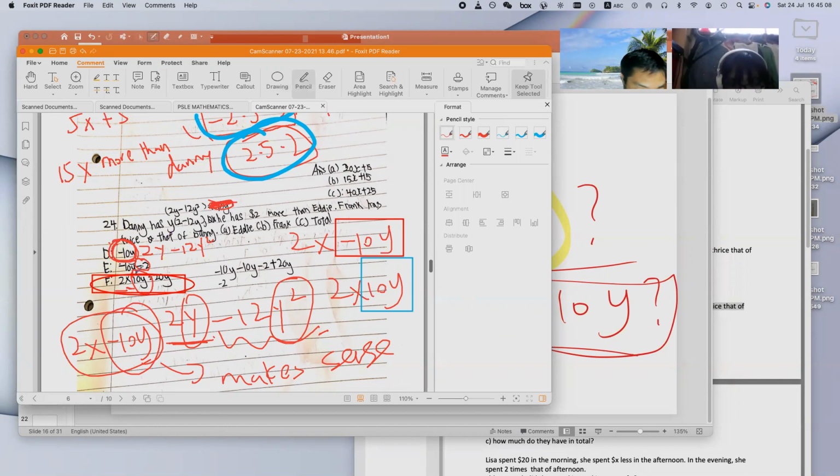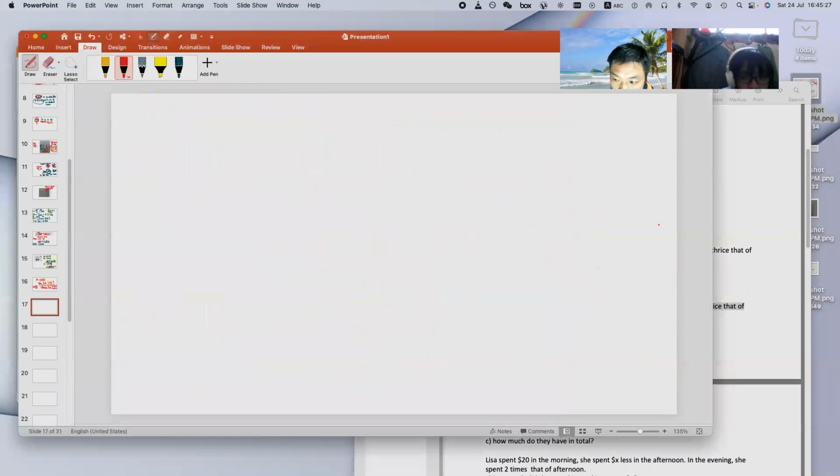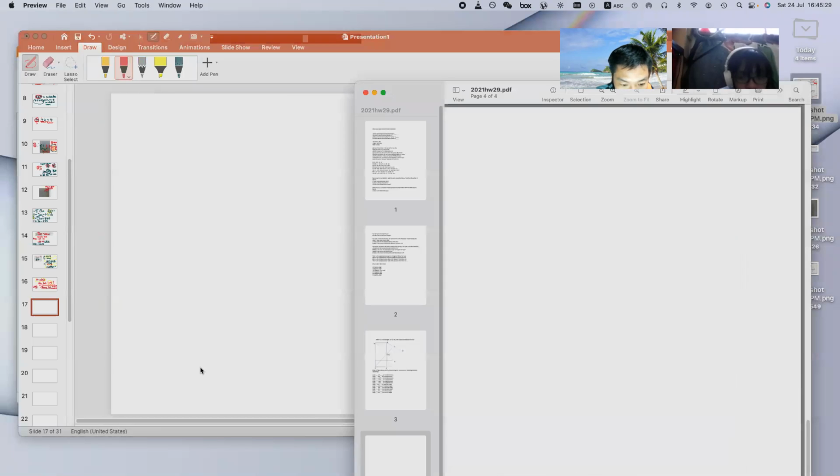But you go and write 10y. No one has 10y in this case. That's why you're totally wrong. The first mistake is y and y squared, you cannot combine. You combined already. Okay. Next, I don't want to spend too much time on a single topic.